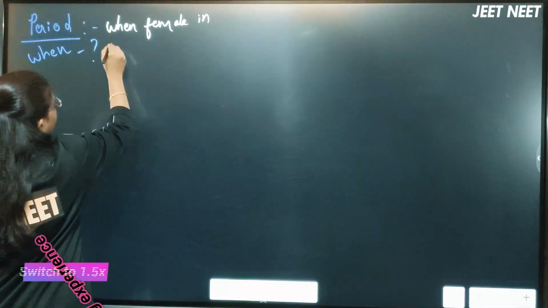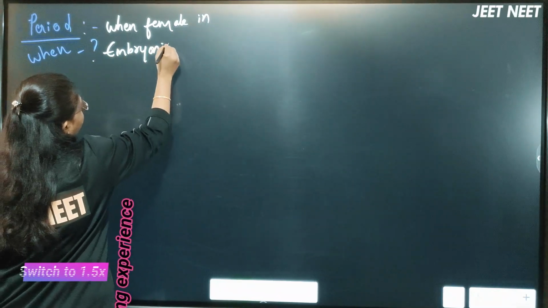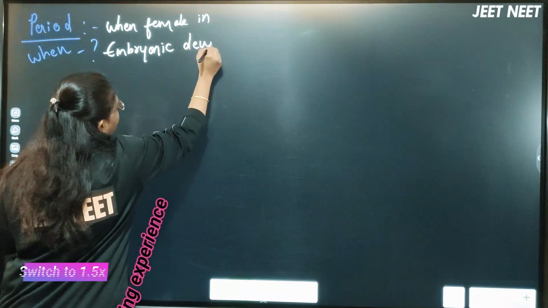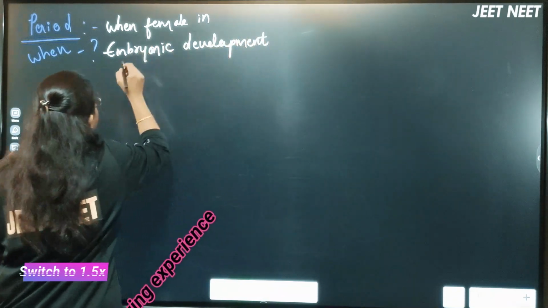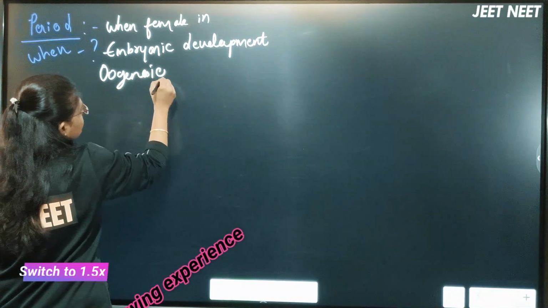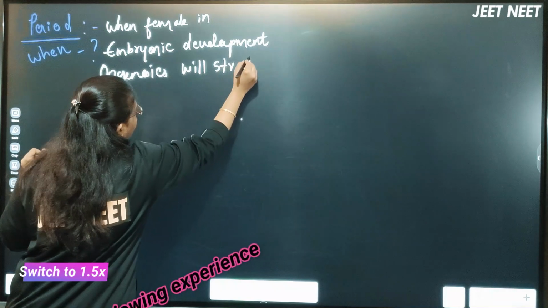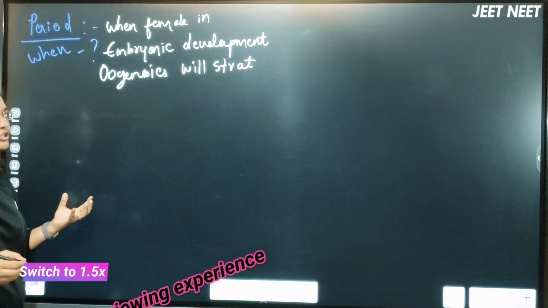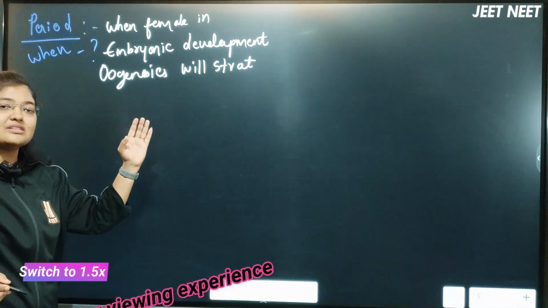When the female is in embryonic development, then oogenesis will start. When the female is in embryonic development in the mother's womb, the oogenesis process will start.